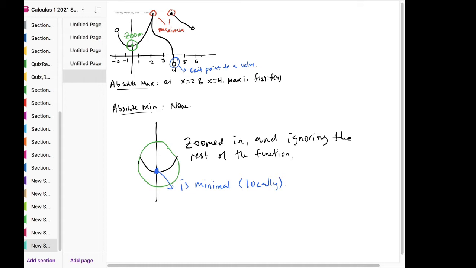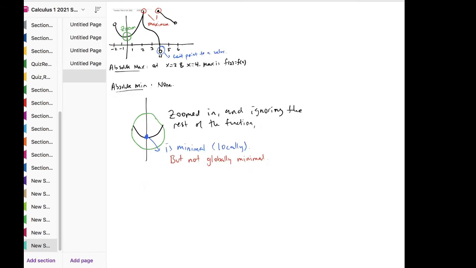Local to that little region, it's minimal. But it's not globally minimal. So global just means for the whole function. But locally it is. So yeah, does that make sense? So we'll call this local minimum.